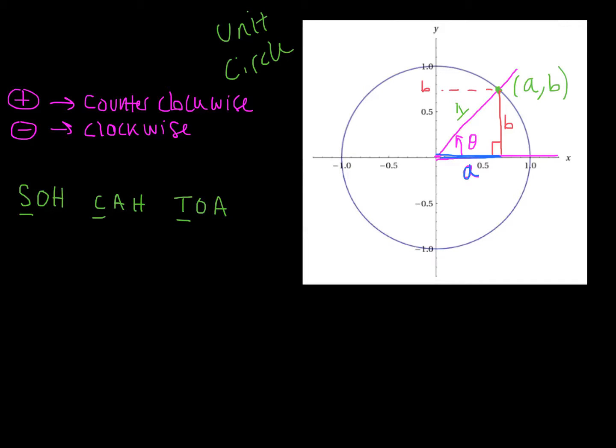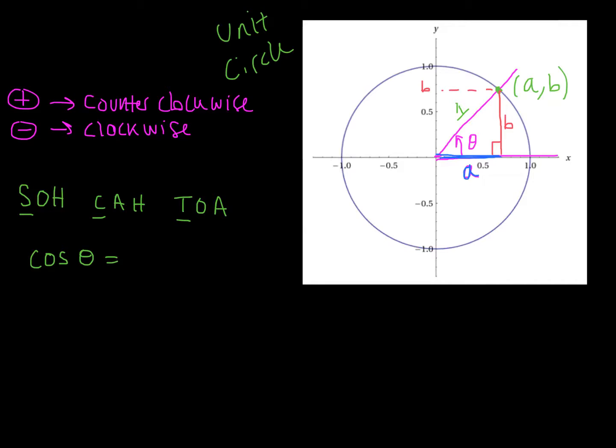and we want it to somehow tell us A and B. Okay? So let's first consider what the cosine of this angle would be. Cosine of theta. Well, cosine is the adjacent over the hypotenuse. So try that out.